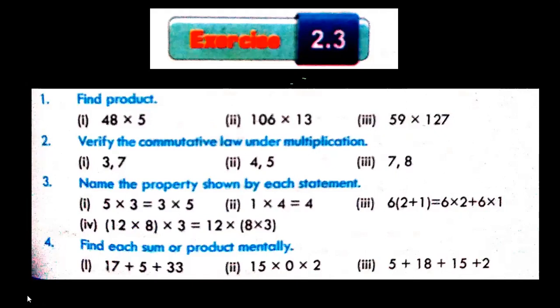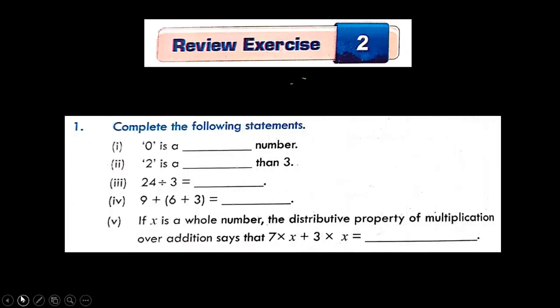Now the next question. Complete the statements. 0 is a dash number. Whole number. How do you know that? Sir, I did it before in tuition.